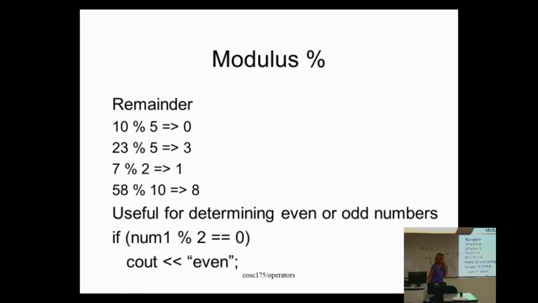Okay? Other examples. Can anybody think of another example where you might want to use a modulus? Integer division and for whatever the floating point answer would be, is what you're saying.